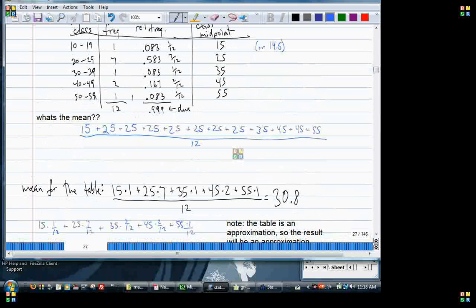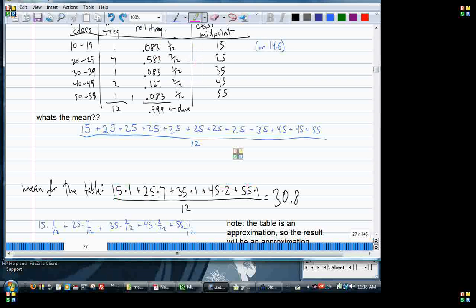And notice that what we don't do is just add up those values and divide by 5. What did we have to do? We had to say, well, the 15 occurs once, 25 occurs 7 times, and that is when you get this expression. Then we add them all up and we divide by 12 because 12 was the total number.